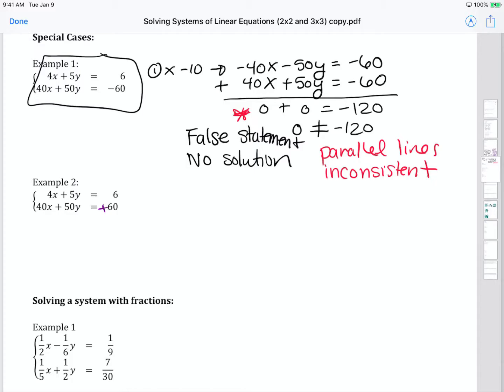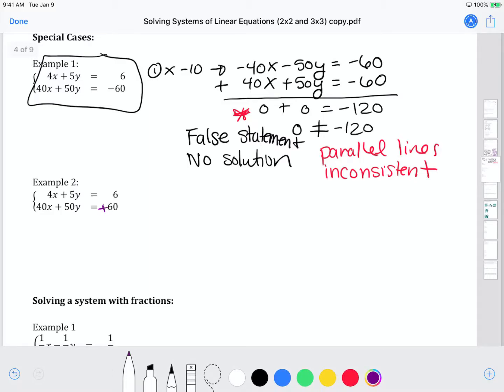I'm going to multiply the first equation by negative 10. And that way we have a positive 40x and a negative 40x. So when I multiply the first equation by negative 10, I'm going to get negative 40x minus 50y is equal to negative 60. And then I'm just going to carry the second equation down.